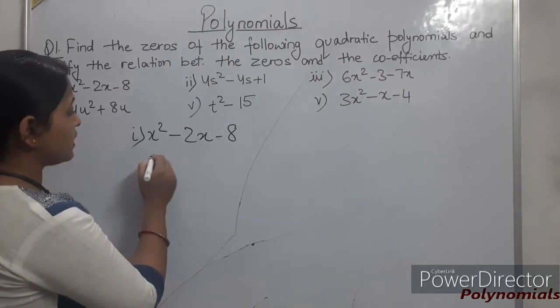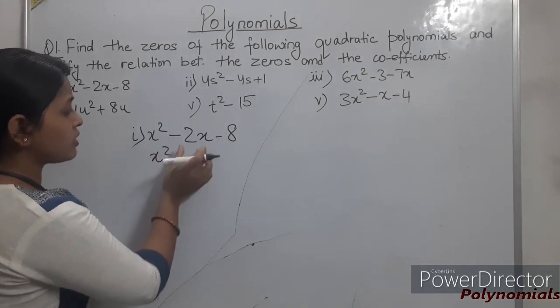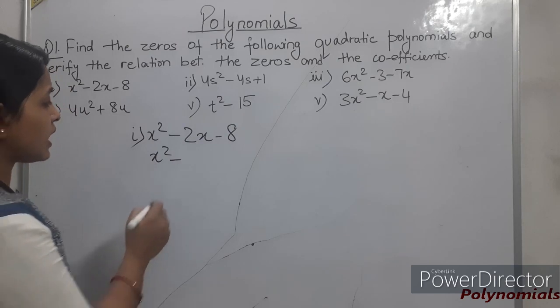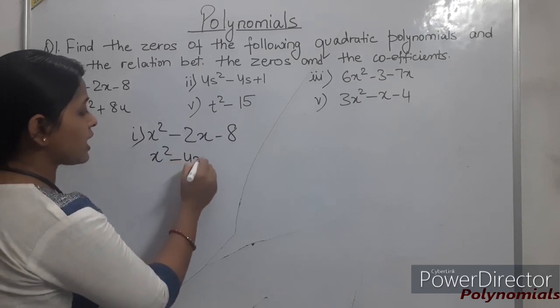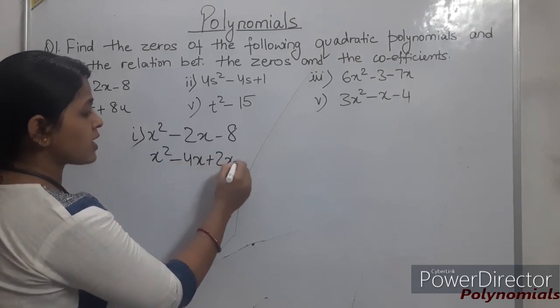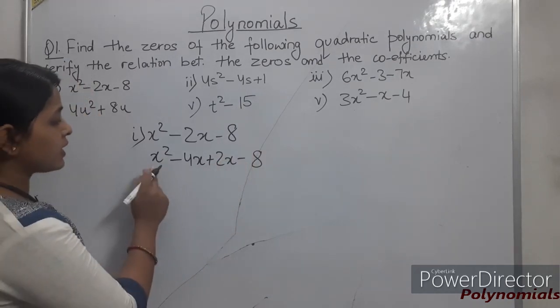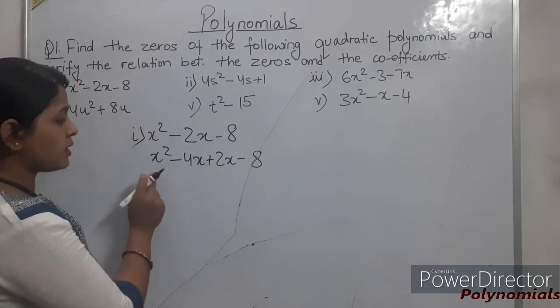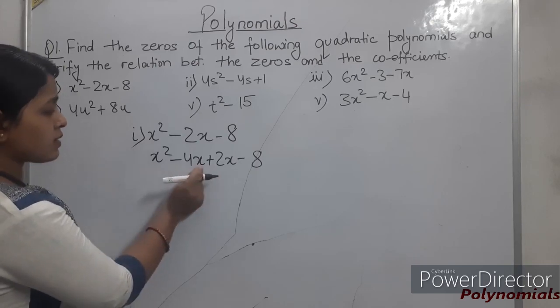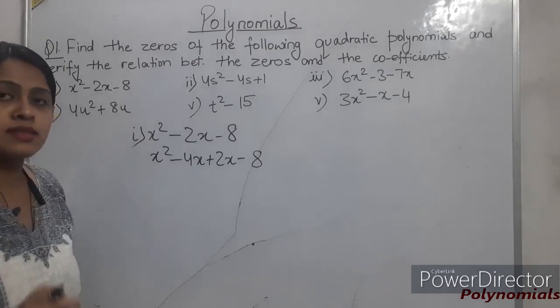Now let's split it: x square minus 4x plus 2x minus 8. Now we can take x as common, as in both terms there is x.